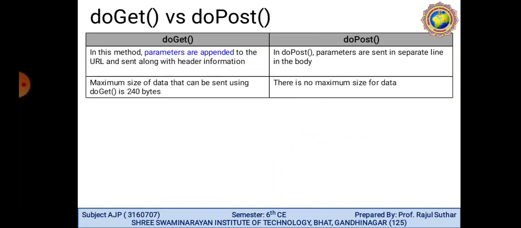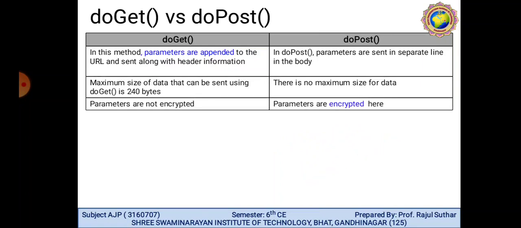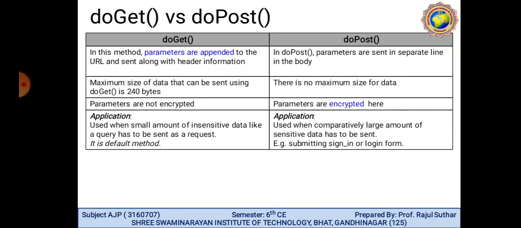Second, the maximum size of data that can be sent using doGet is limited to 40 bytes, while in the doPost method there is no maximum size, no limitation. Then parameters are not encrypted in doGet, while parameters are encrypted in the doPost method.